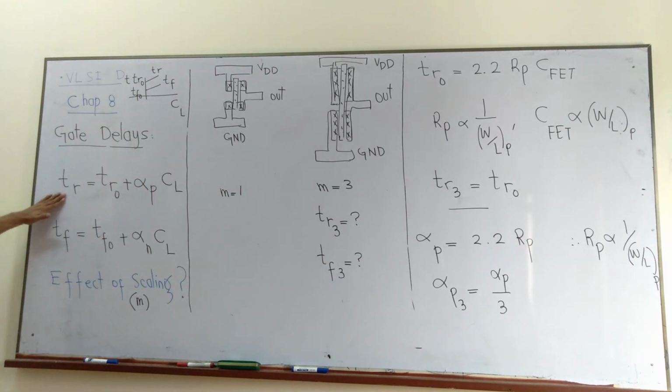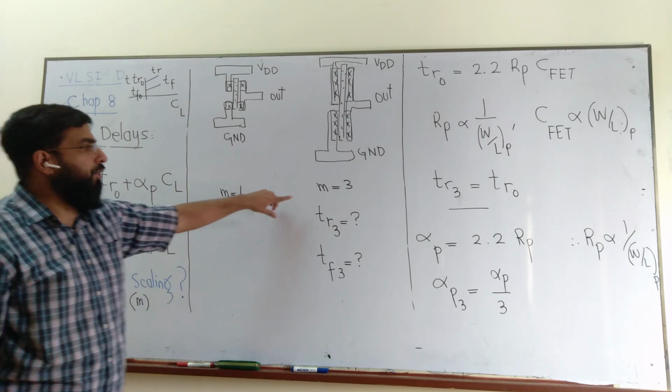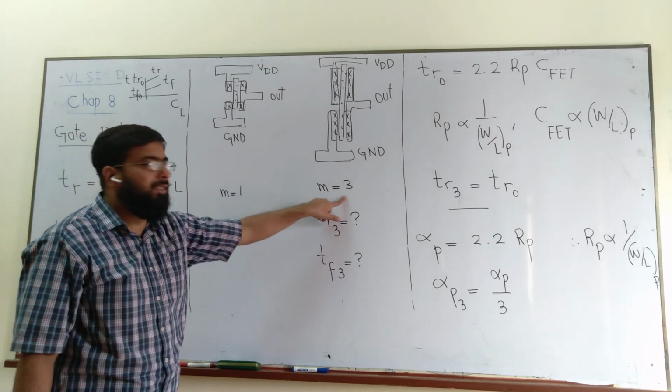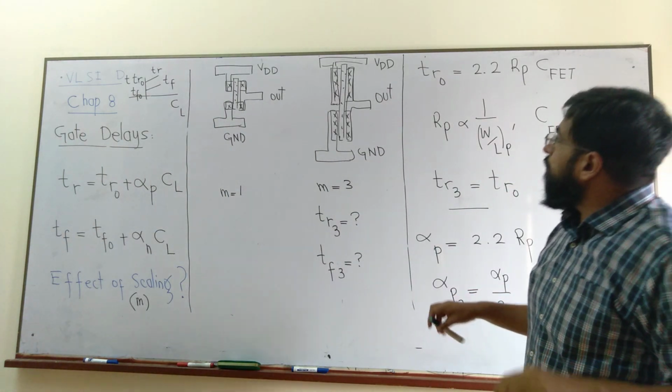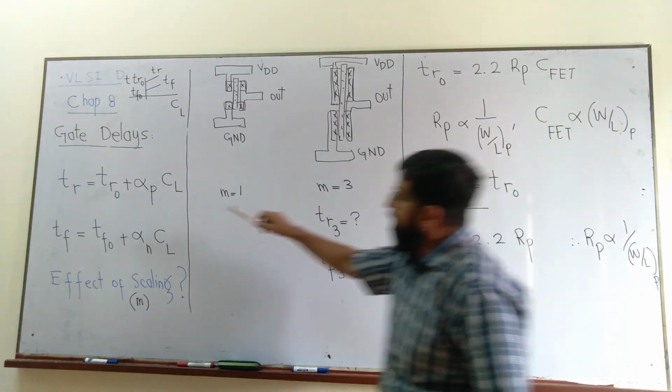Here we call them TR and TF. Here we introduce a subscript 3 to show that it is for a NOT gate which has size m equal to 3. So let's see what is the impact of increasing the size to 3. TR0 is this one.